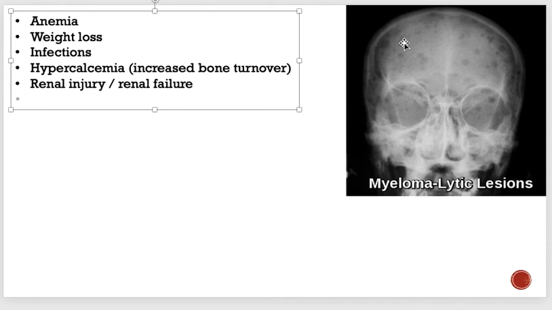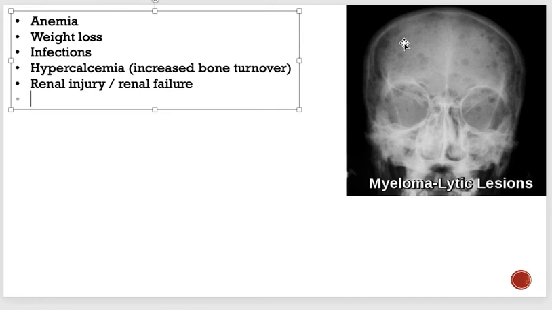And of course, there is hypercalcemia which is going on. It may also cause the formation of kidney stones, calcium stones in the kidney. And all the chronic conditions, guys, can lead to development of one more condition called amyloidosis. What is amyloidosis? That is deposition of abnormal protein in different parts of the body.